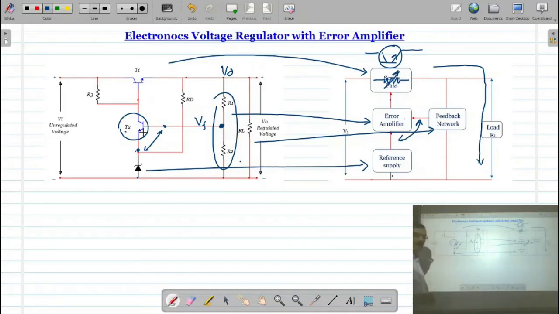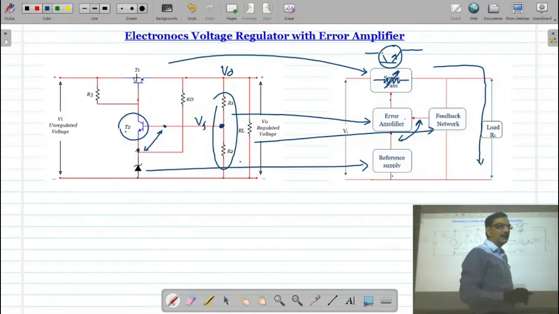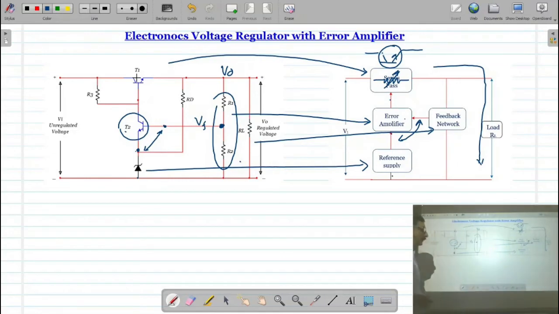Accordingly, the error amplifier controls the transistor T1. So as the output voltage changes, the resistance between the collector and emitter of the transistor also changes. Now let us see how this output voltage remains constant.